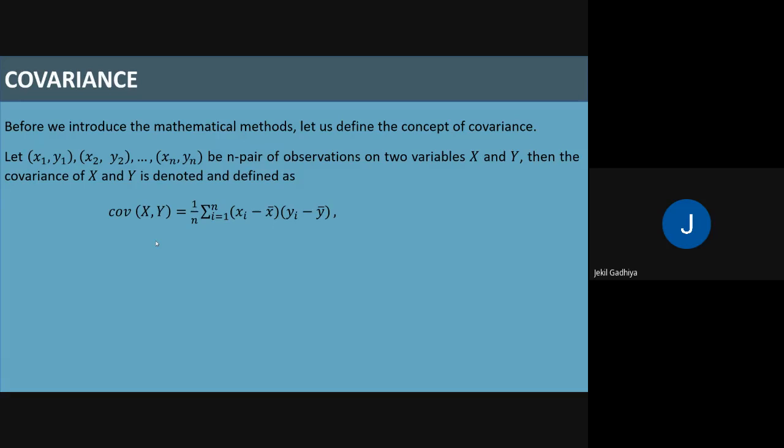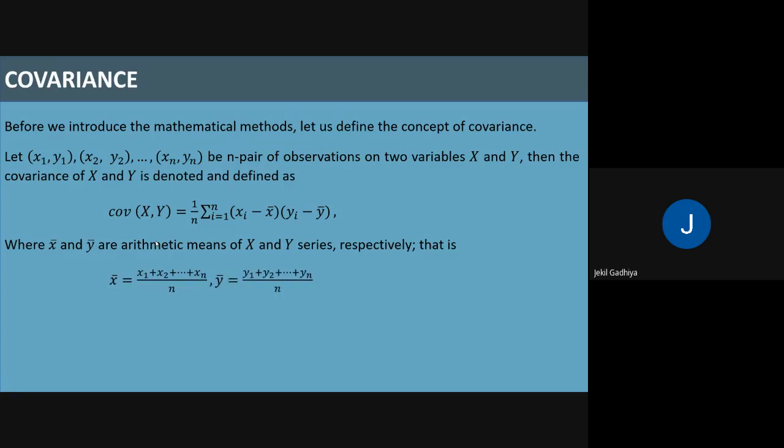This is the formula of covariance. And what do we mean by x bar and y bar? x bar and y bar are the arithmetic means of x and y. Okay, and these are the formulas. And covariance indicates the joint variation between the two variables.